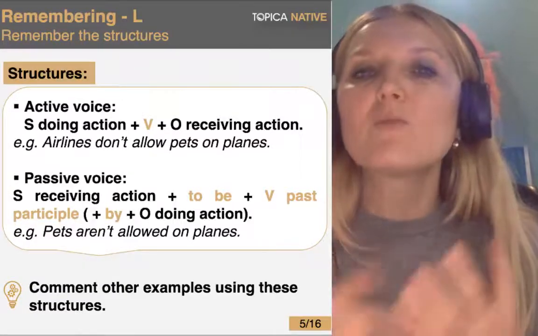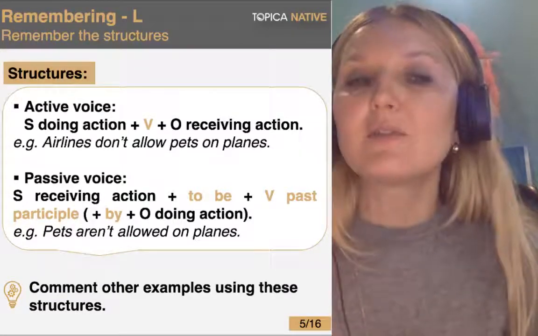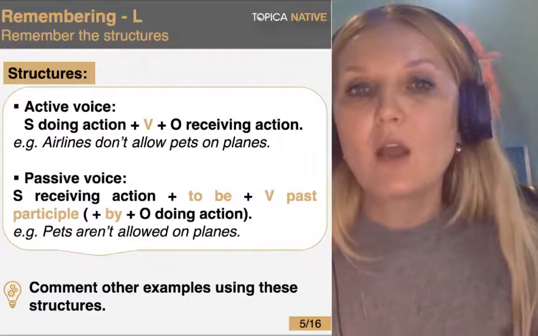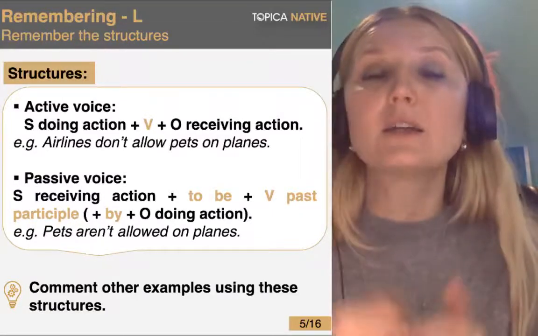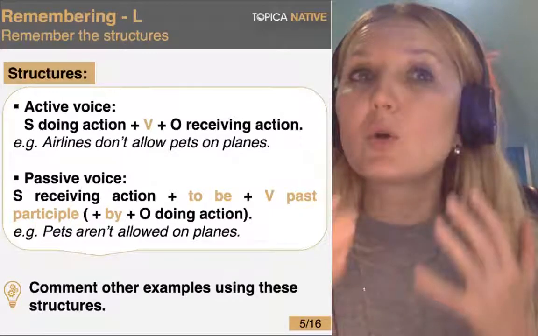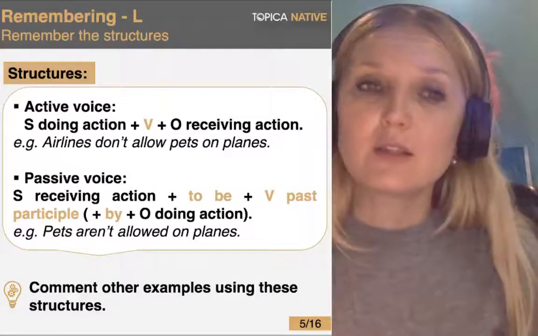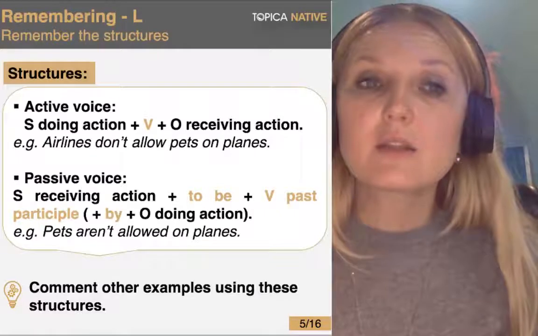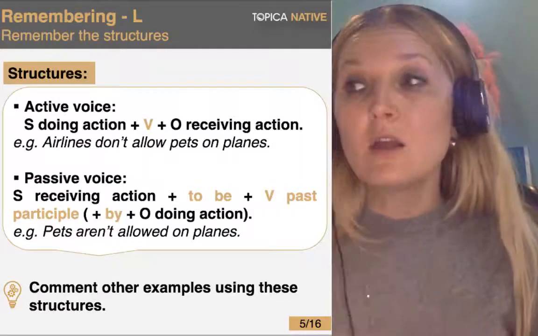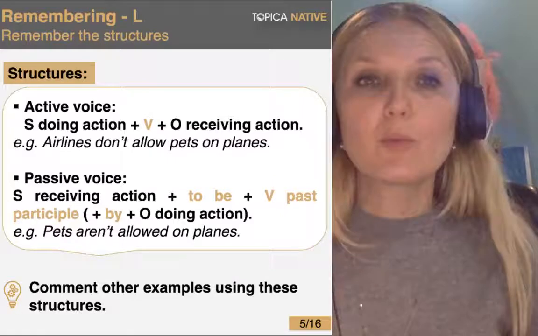So please make some sentences with active and passive voice. I will be happy to read them, and I think it's good practice for your writing skills. So please write your sentences. Like I said, I bought the tickets, the tickets were bought.